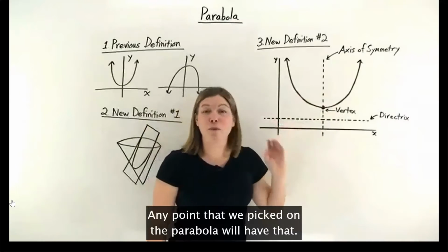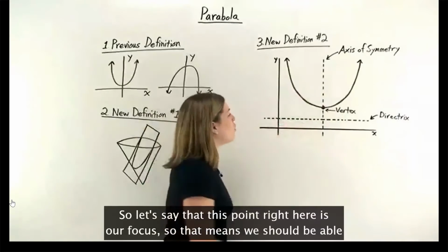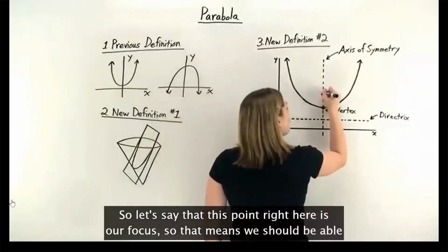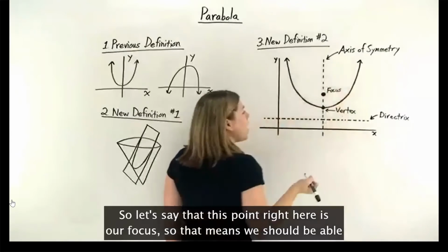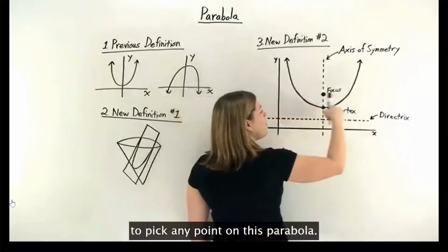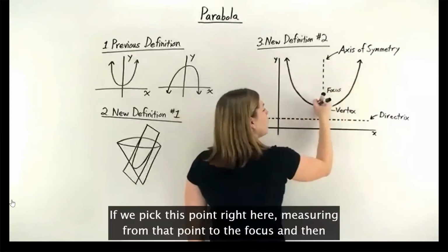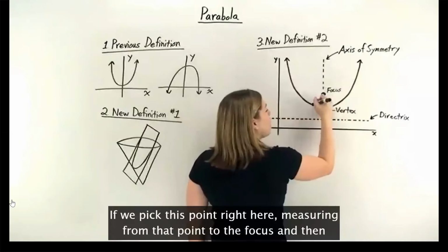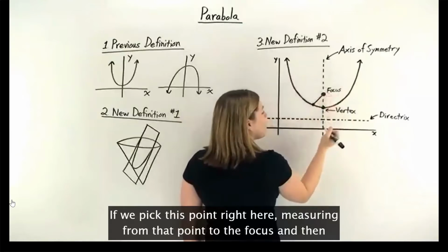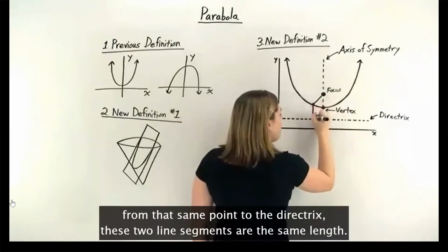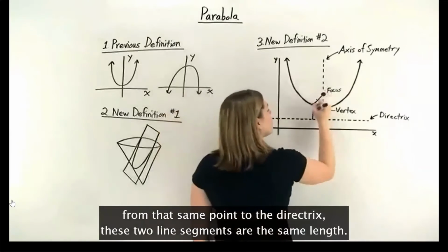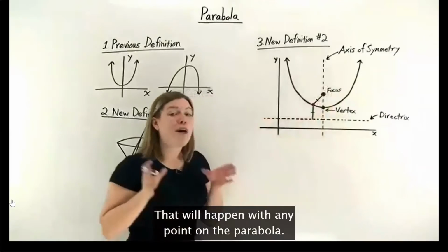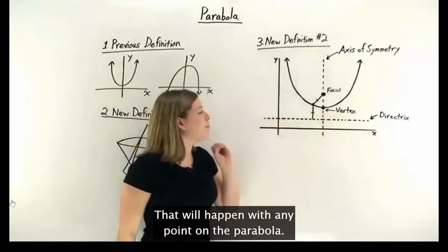Any point that we pick on the parabola will have that. So, let's say that this point right here is our focus. That means we should be able to pick any point on this parabola. If we pick this point right here, measuring from that point to the focus, and then from that same point to the directrix, these two line segments are the same length. That will happen with any point on the parabola.